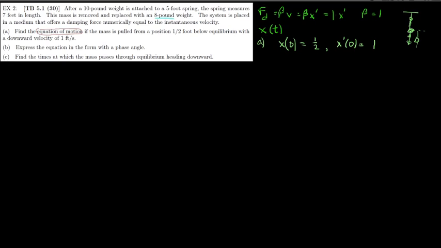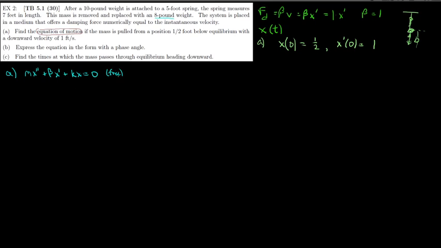Okay, so what's next? In order to find the equation of motion, we need the equation that expresses the derivatives here. If you remember, originally we had m x double prime plus beta x prime plus k times x equals 0. And 0 indicates that this is free motion. We don't have an external force other than the spring and gravity and the viscous medium.